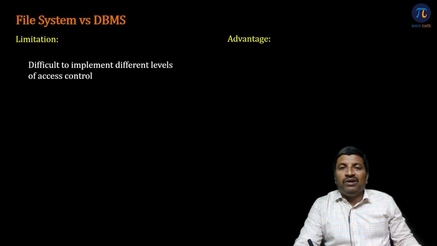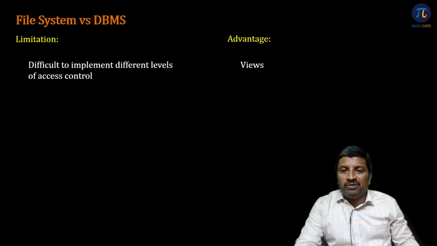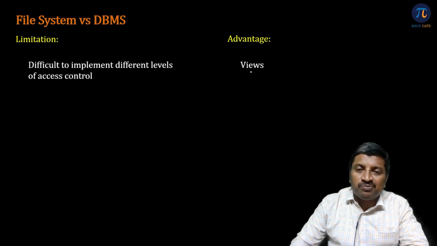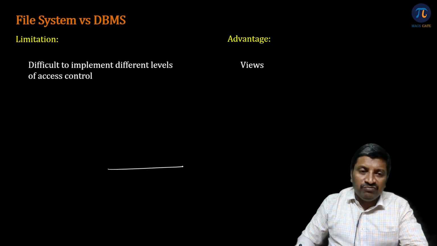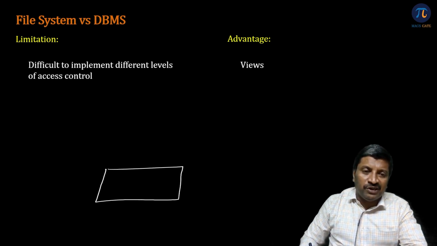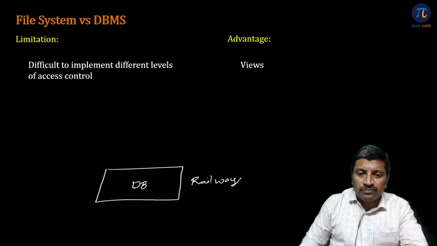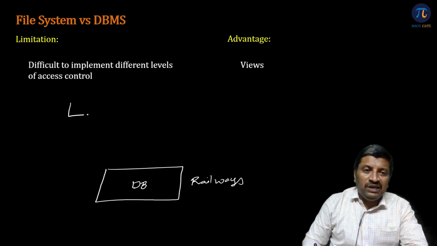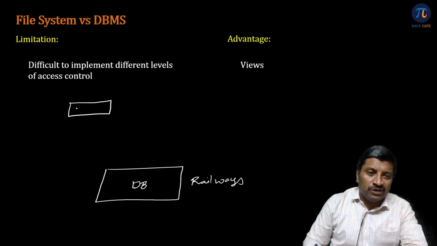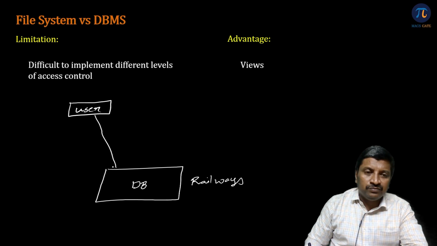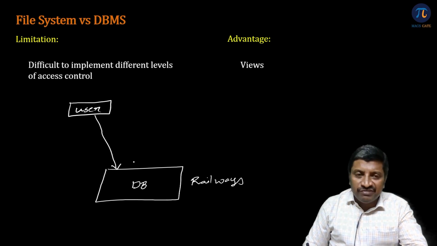Then, what is the technique to overcome this problem? For that, we have the concept of views. In views, we will have the same database. For example, take railways. If I log in as an ordinary user, the view is different.